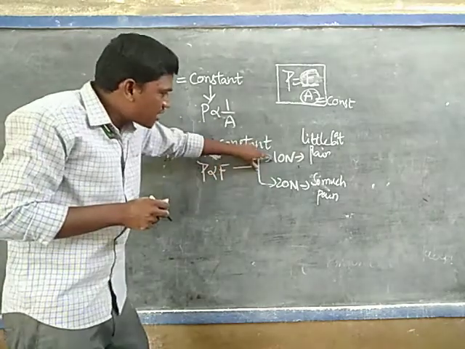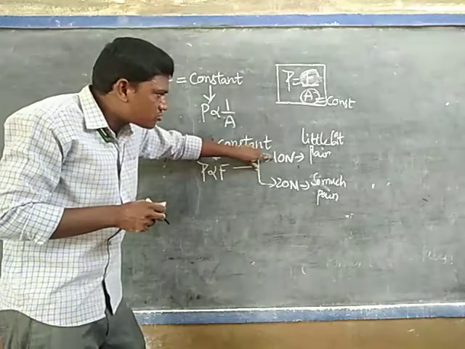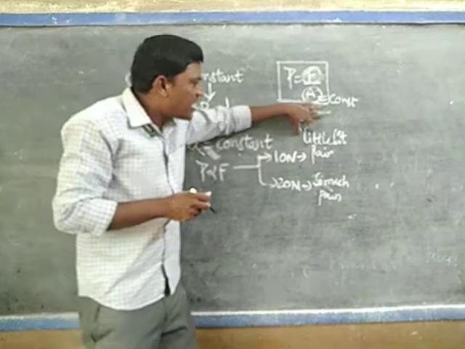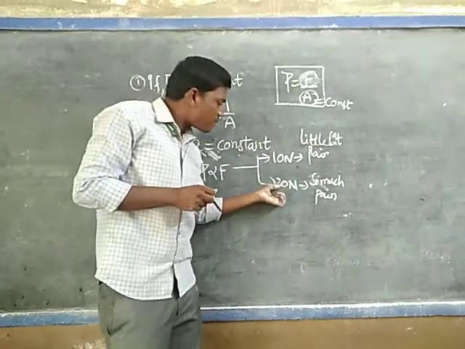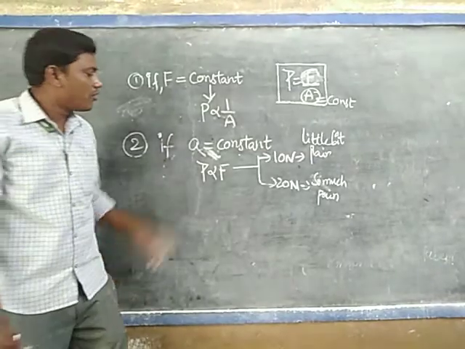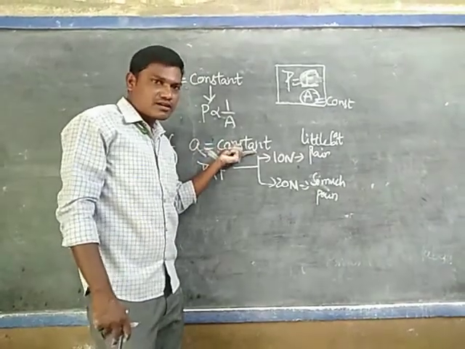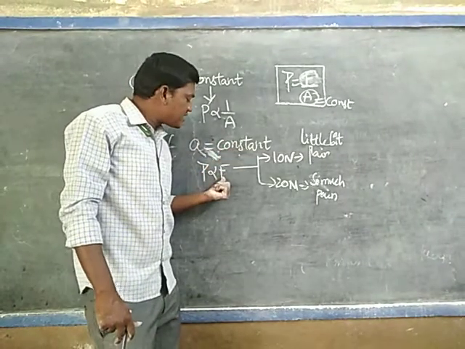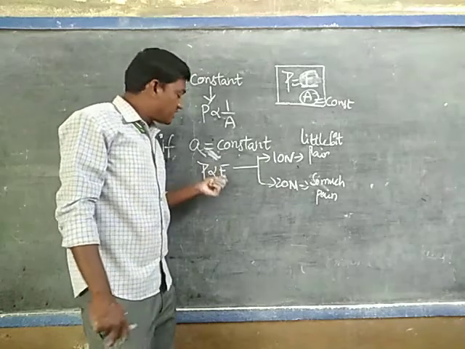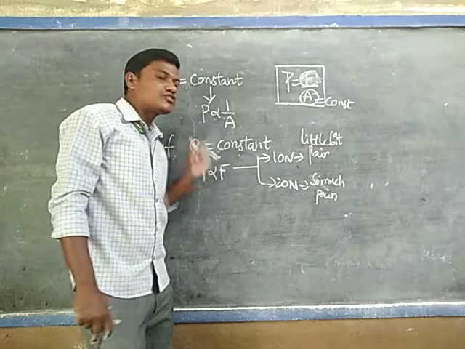When you apply 10 Newton force on your finger through the pointed end of the pen, you feel a little bit of pain, but when you apply 20 Newton, you feel so much pain. So if area is constant, then by changing the force, pressure also changes.